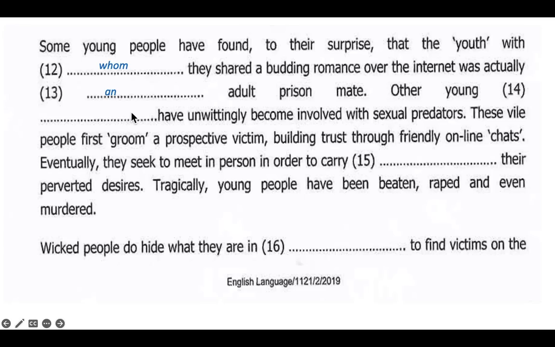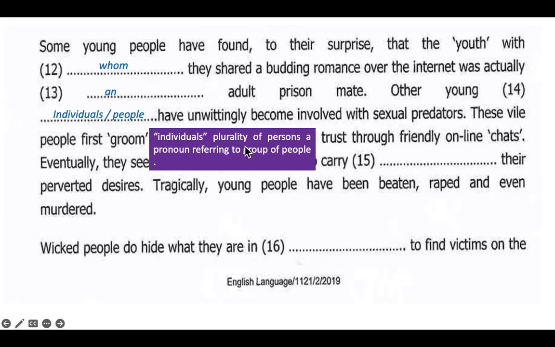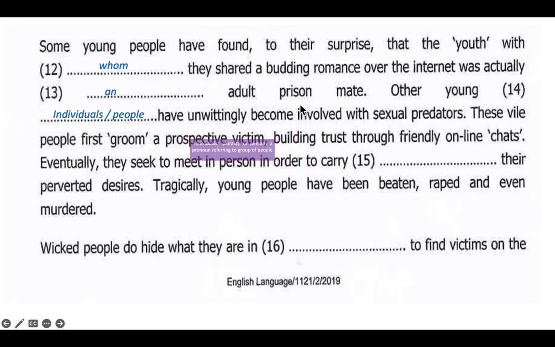So I came up with options like individuals or people or young ones. If we look at individuals, it's a plurality of persons, and a pronoun referring to a group of people. So we can take up that.